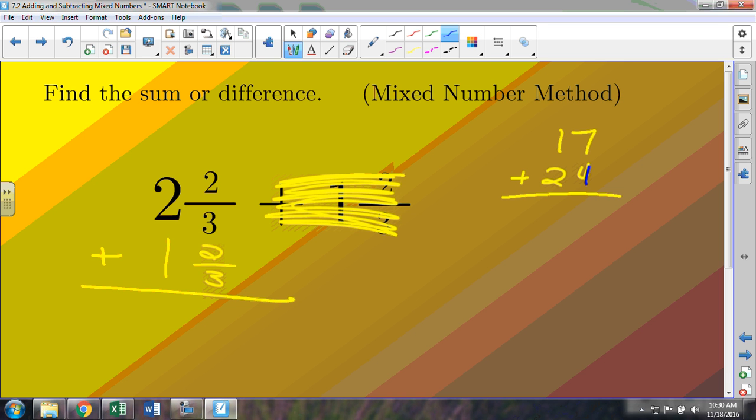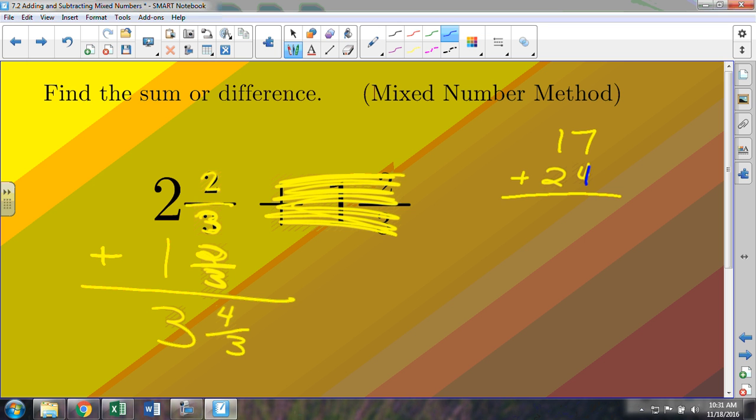And so, with our fractions, 2/3 plus another 2/3, that is 4/3. Remembering that when the denominators match, they stay the same. Going to the whole numbers then, 2 plus 1, there's our answer, 3 4/3.